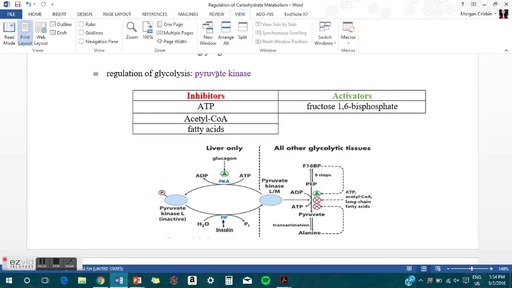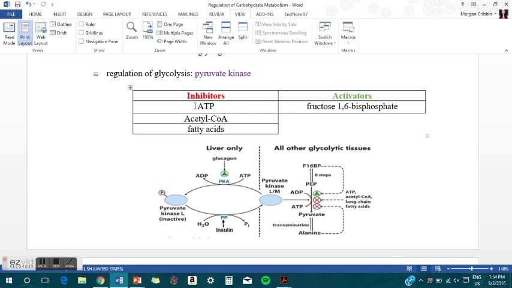So if you remember, pyruvate kinase catalyzes the reaction in glycolysis which transfers the phosphoryl group from that phosphoenolpyruvate, that really high energy molecule, to ADP to form ATP. So this is a very negative reaction because you are transferring that phosphoryl group and you're moving from a high energy state of phosphoenolpyruvate to a low energy state of the pyruvate that you create. So this is going to be one of those steps that's going to be highly regulated.